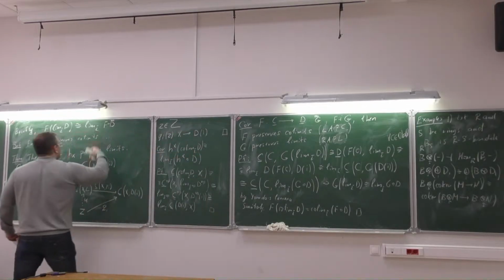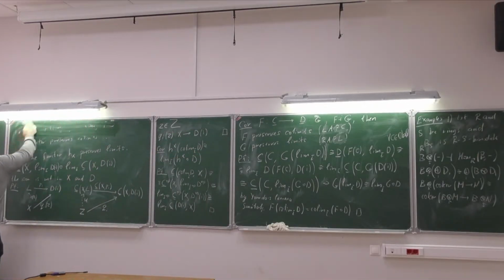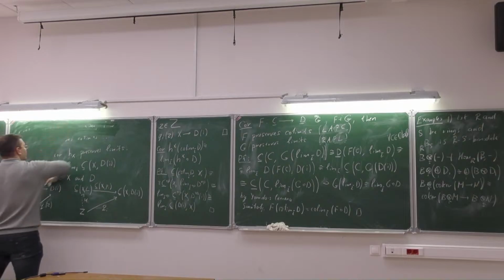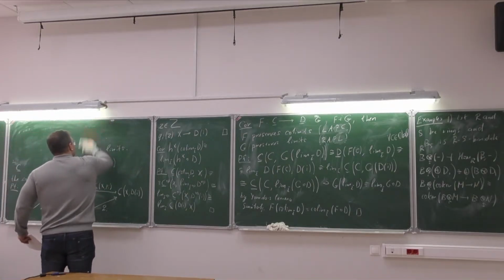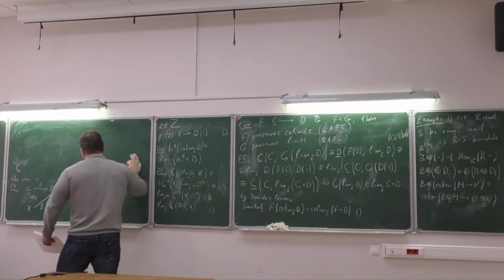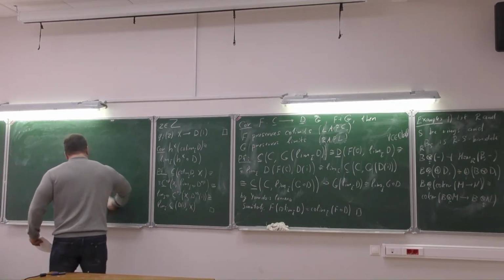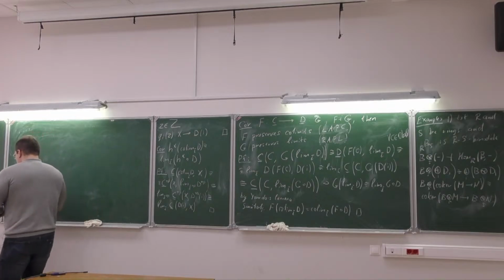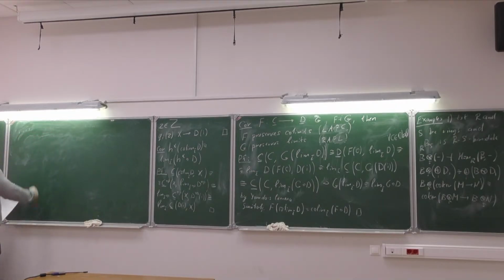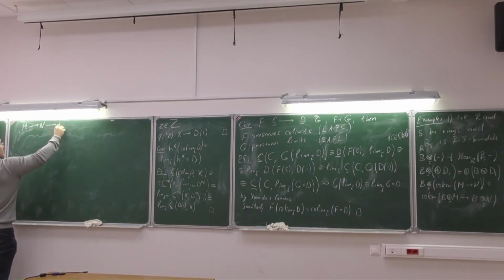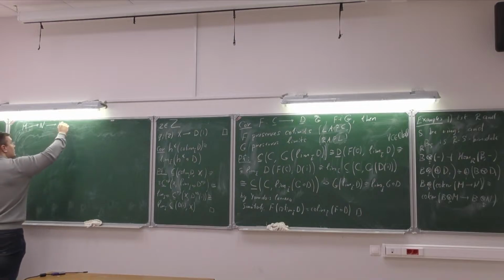There is another way to formulate exactly the same result. So you have M, N, and say there is L, which is a cokernel.